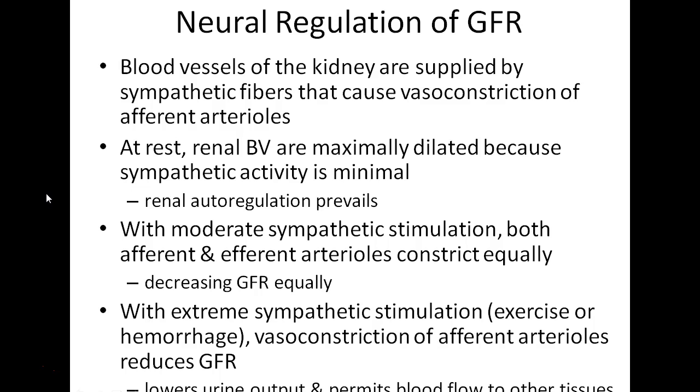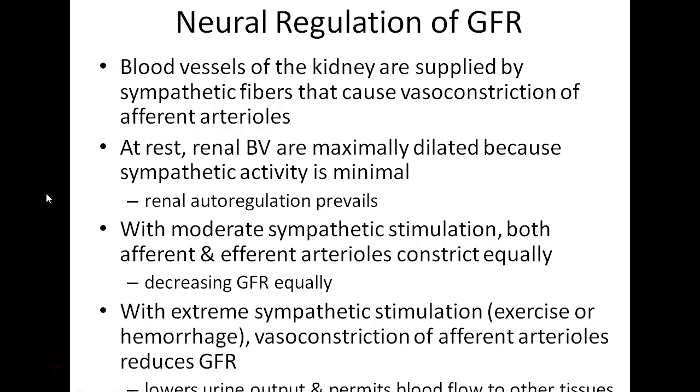When we're at rest, our blood vessels inside the kidney are maximally dilated because sympathetic activity is minimal. So this is where the previous slide, renal autoregulation, is going to prevail. Then if we have a stimulus with moderate sympathetic stimulation, both the afferent and efferent arterioles constrict equally, and that's going to decrease the GFR.